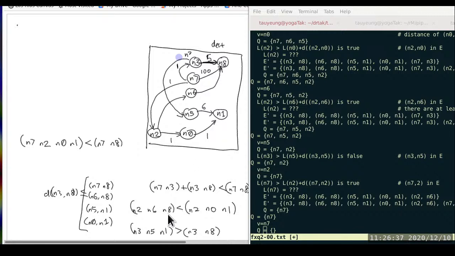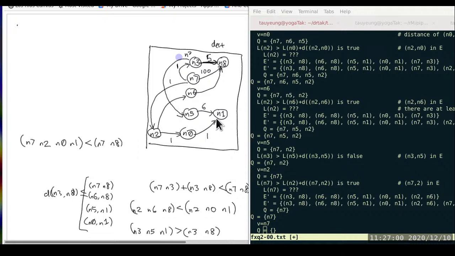So we have n2, n6, n8. n2, n6, n8 has to be less than n2, n0, n1. Okay.